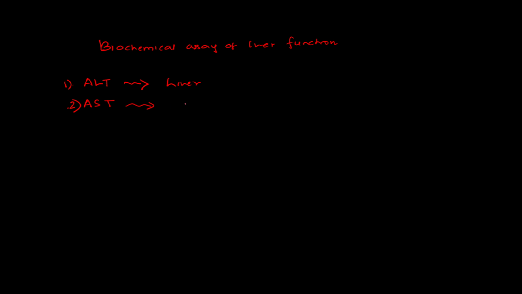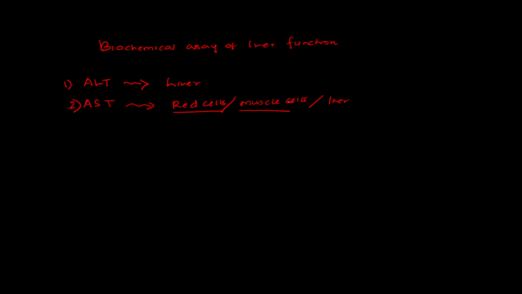AST is more or less present in red cells, muscle cells, which include the heart, the kidneys, and even skeletal muscles as well. And it is even present in the liver. So, once there's some sort of an insult or damage to either red cells or the muscle cells or the kidney, AST levels will be high.